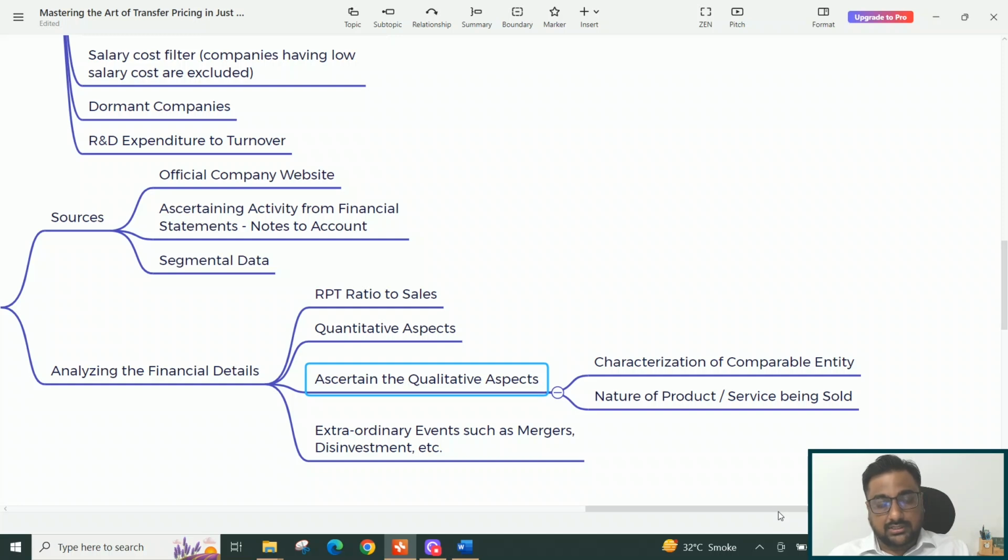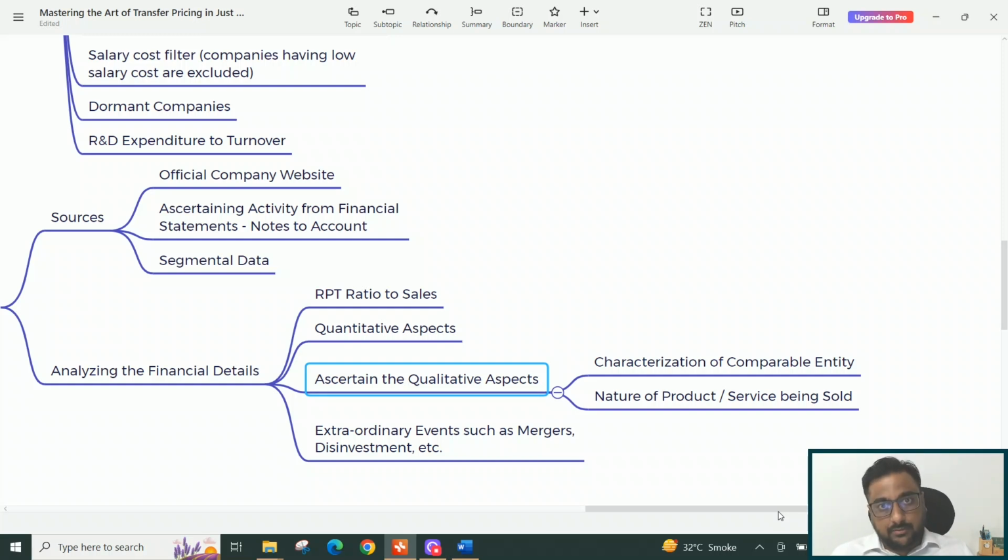The companies engaged in that particular selling of crockery sets, I can select those companies as comparable to the operations of my company, right? And if those companies are into manufacturing of that particular crockery sets, while my tested party is into the trading of those crockery sets, then I won't take that particular company as comparable, because the characterization is different in both scenarios, right?